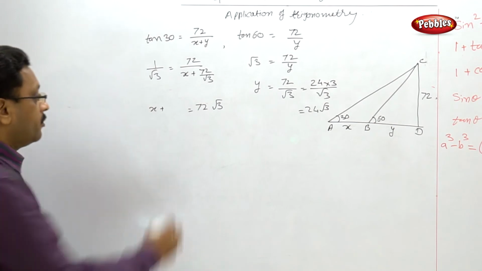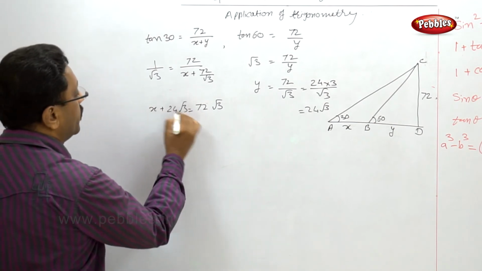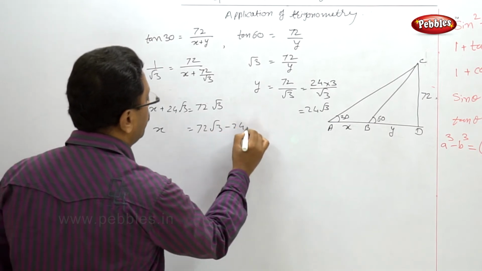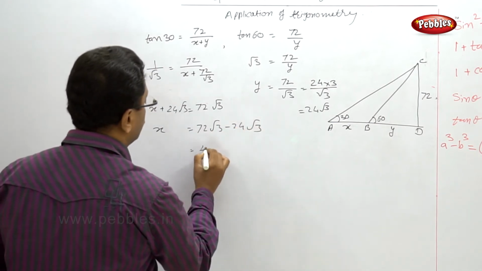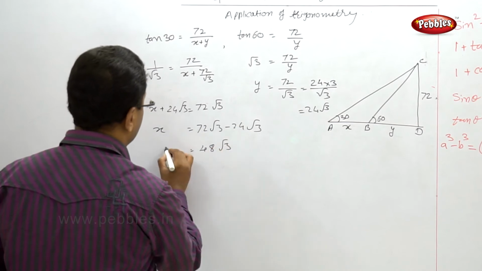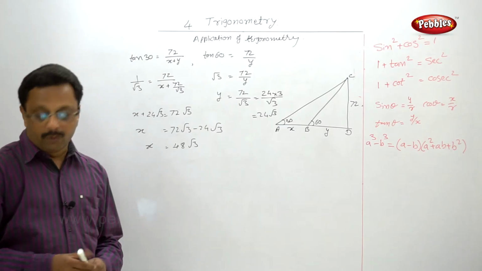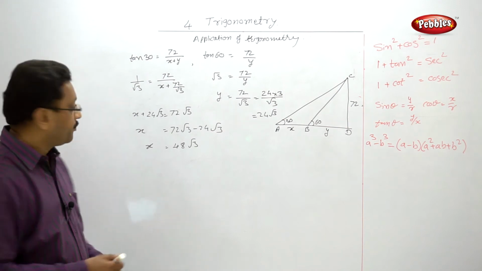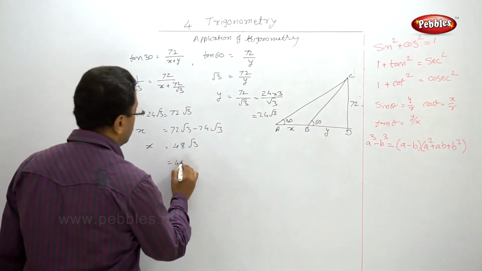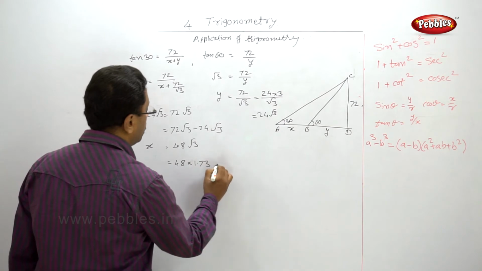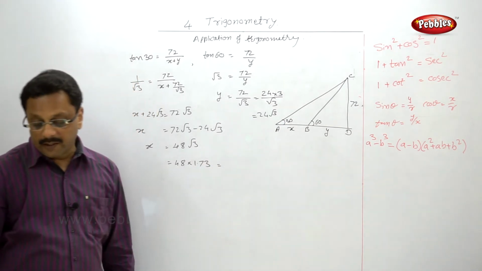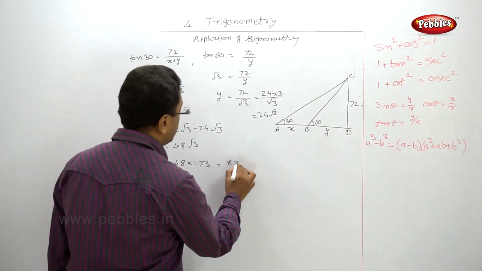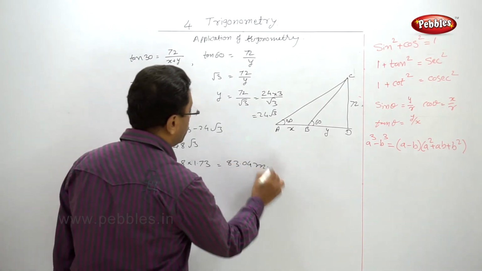So here I have 24 root 3. So x is equal to 72 root 3 minus 24 root 3, which is 48 root 3. And for 48 root 3, they have given the value of root 3, that is 1.73. So 48 into 1.73, and finally the final answer you get is 83.04 meters. 83.04 meters.